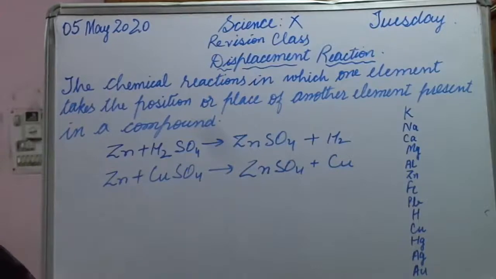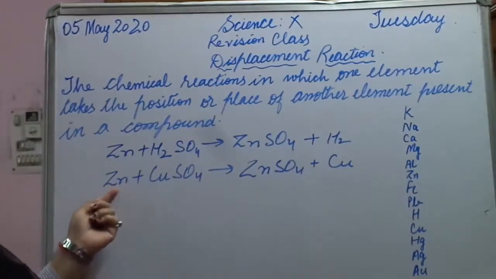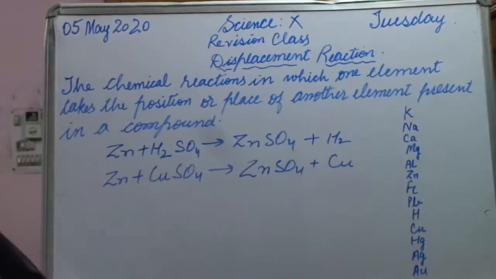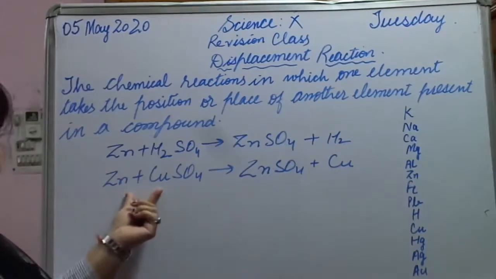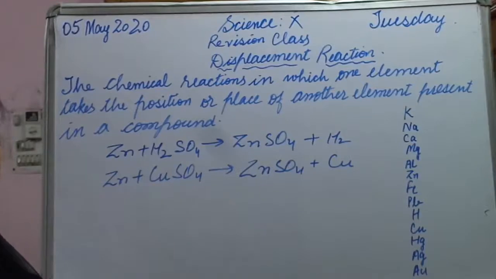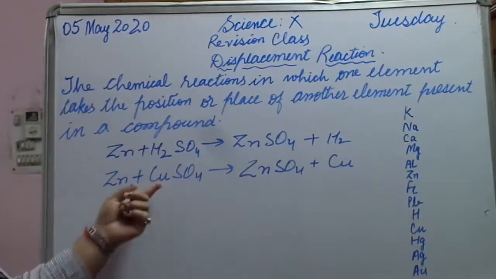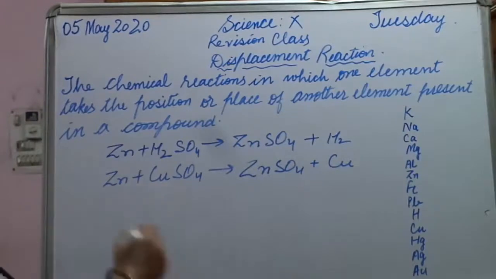So what we need to keep in mind is that whatever the compound is being taken and the other metal that is being taken, it should be more reactive than copper. It means the metal that is going to replace the other metal from the compound should be more reactive than the metal which is present in the compound. Fine. Let us take some more.